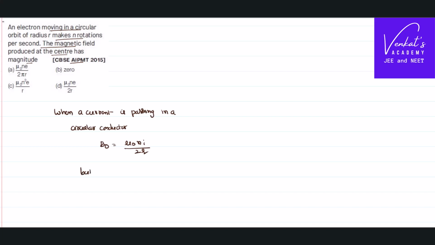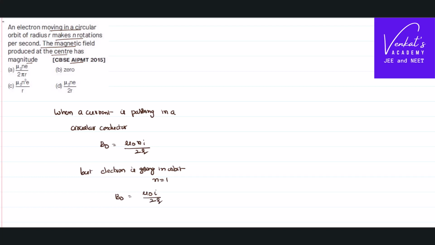But the electron is going only in one orbit. So, N equal to 1. So, B at the center is mu naught I by 2r.